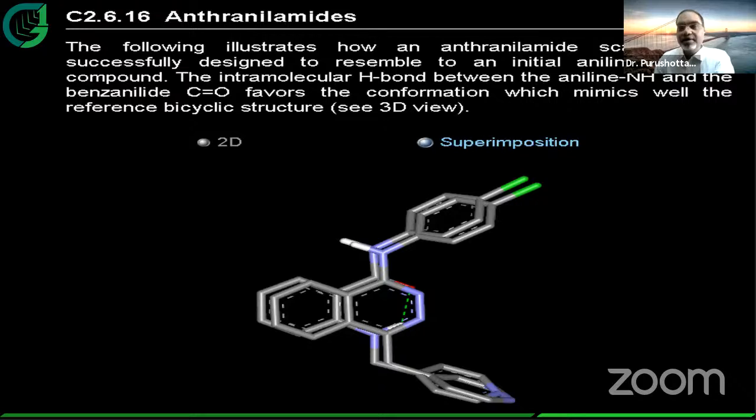If you have a medicinal chemistry project, please look at your molecules.